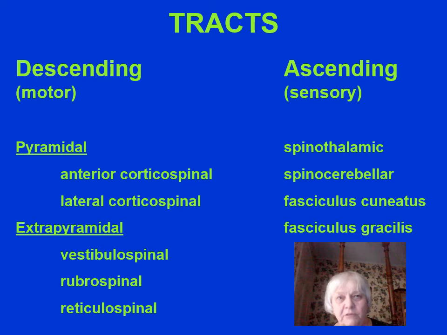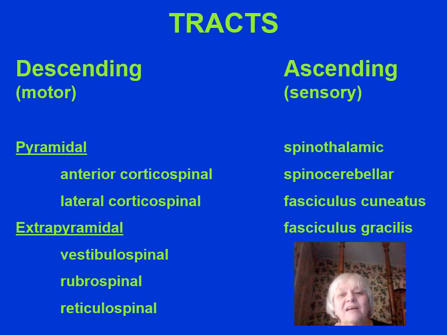And so these are adjustments that occur all the time, and we're not aware of them because they happen so rapidly. So vestibulospinal tracts are going to send messages down to those lower motor neurons to help modulate your motion so that you don't fall off of that little curb you decided to walk on or whatever.